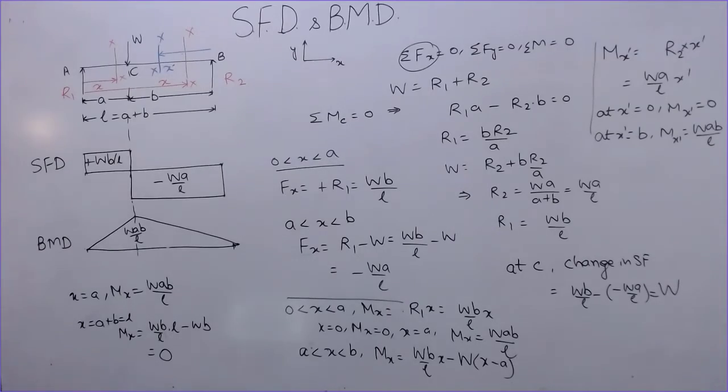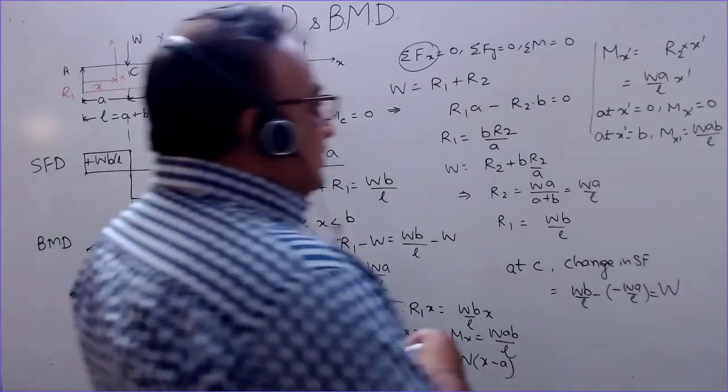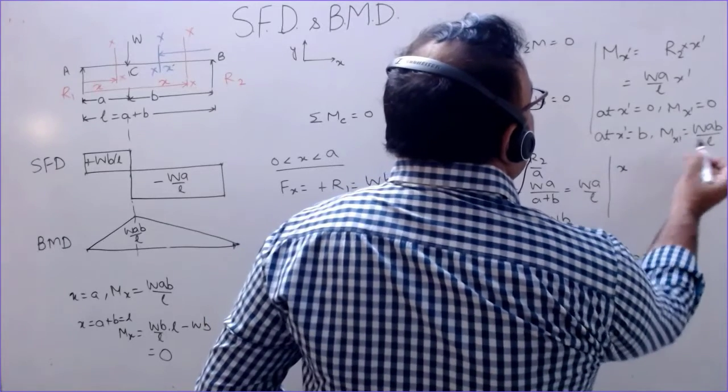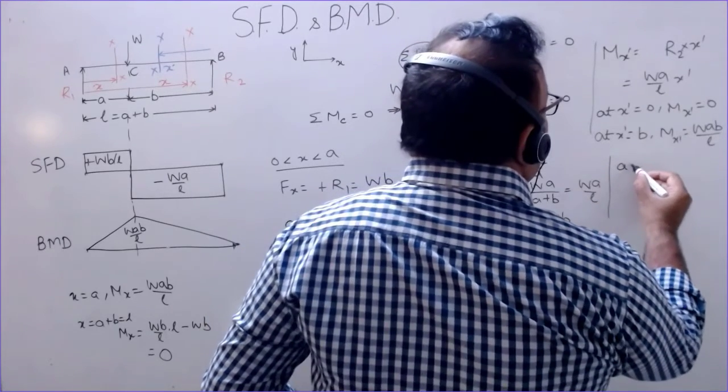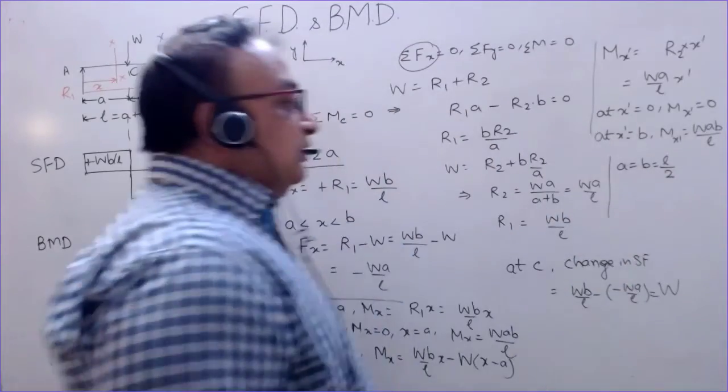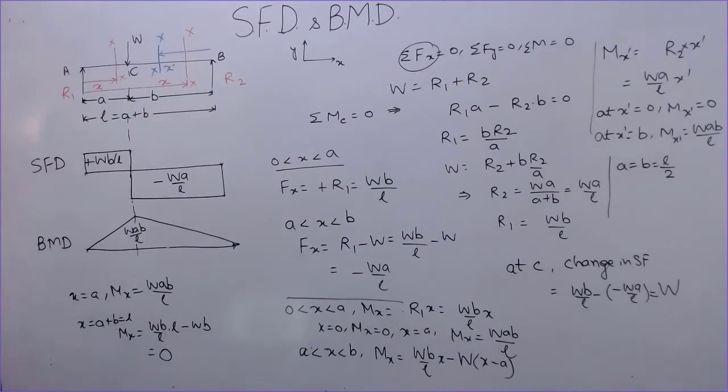Now suppose for this beam a and b both are equal to L by 2. That is, the load is acting at the center of the beam.